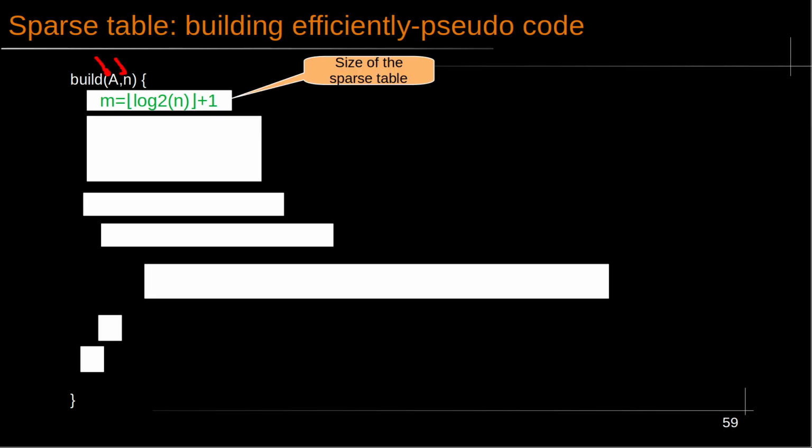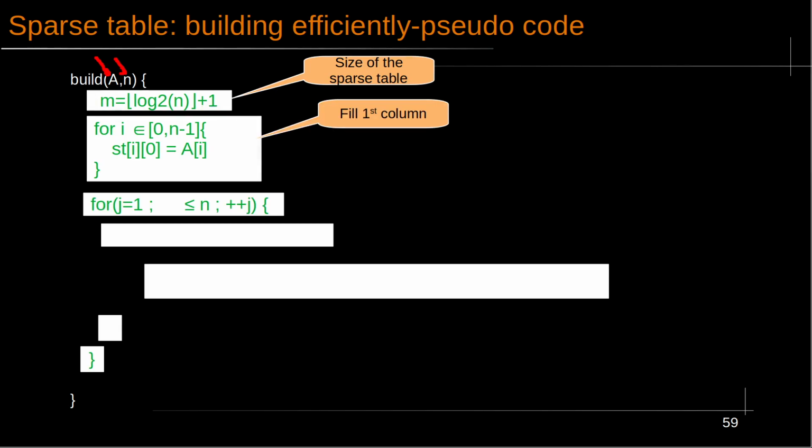The size of the sparse table, and we're going to fill the first column with this for loop: for i from 0 to n minus 1 inclusive, st of i,0 is equal to A[i]. And for j equal to 1, we're going to fill the next columns, from 1 to log n if you want.